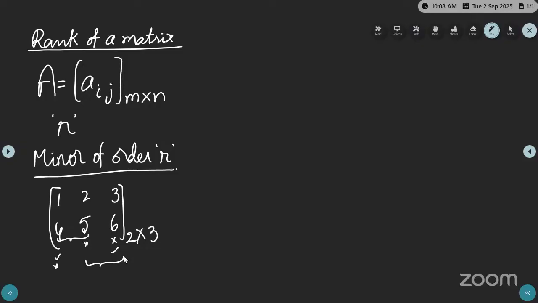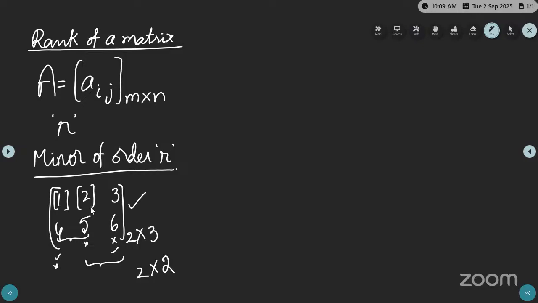You have given this matrix. For this matrix, maximum minors of order 2 by 2 are possible. There exist different minors of same order. If you want to find only the minor of order 1, this is a 1 by 1 submatrix. What is the minor of order 1 for that? 1. What for this? 2. For this, 3, 4, 5, 6.